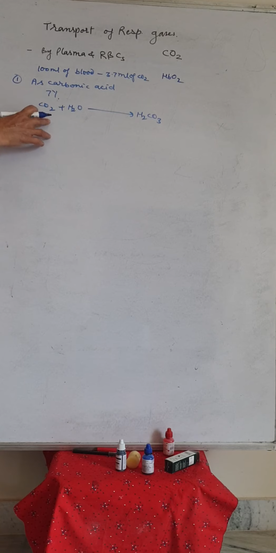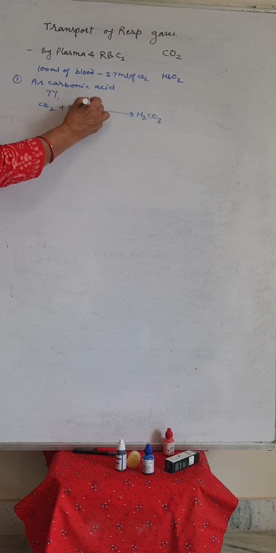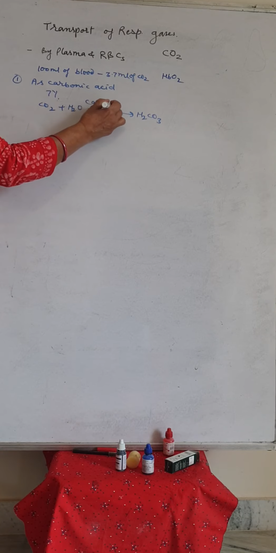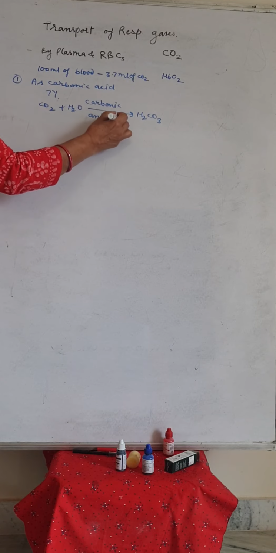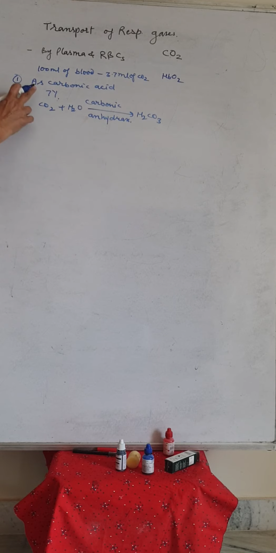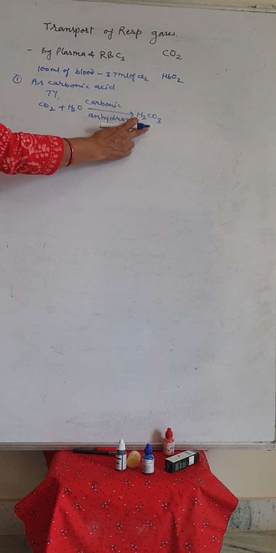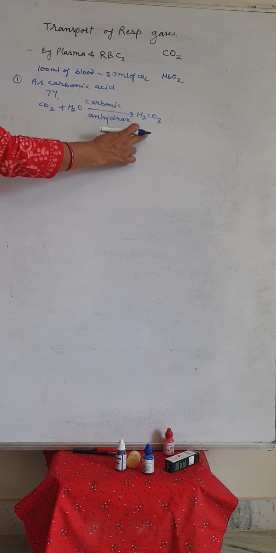The enzyme for its formation is carbonic anhydrase. This 7% of CO2 forms carbonic acid.